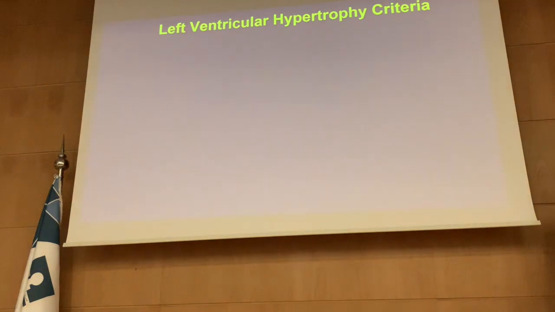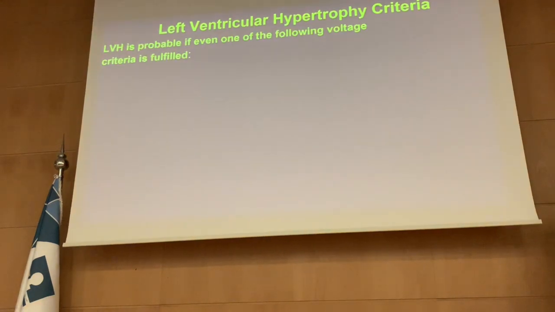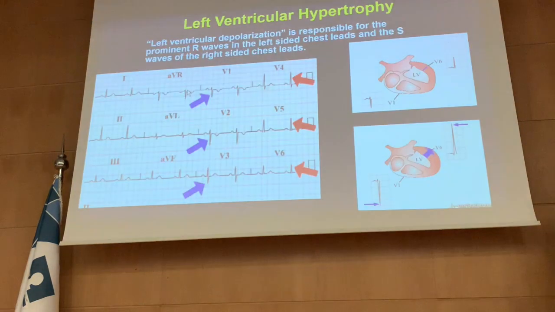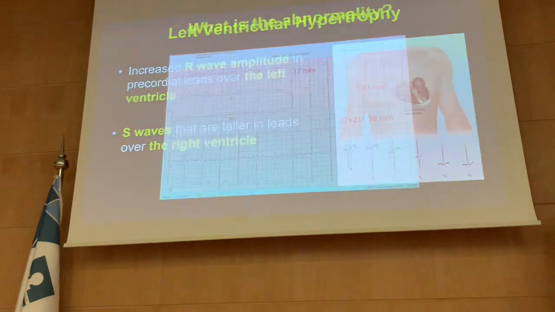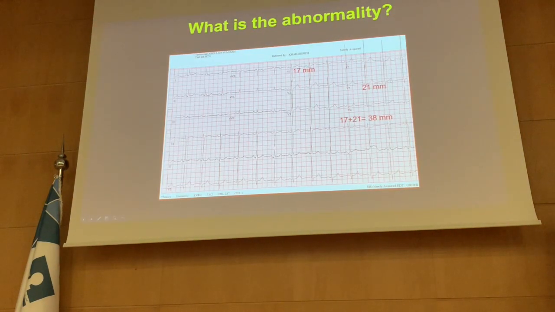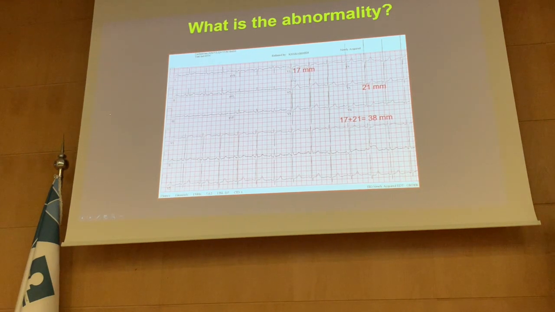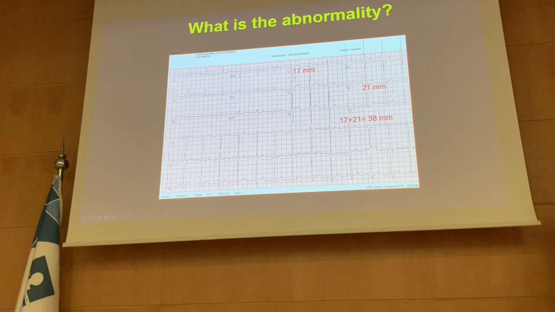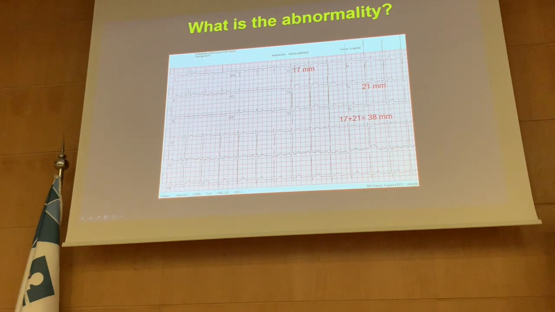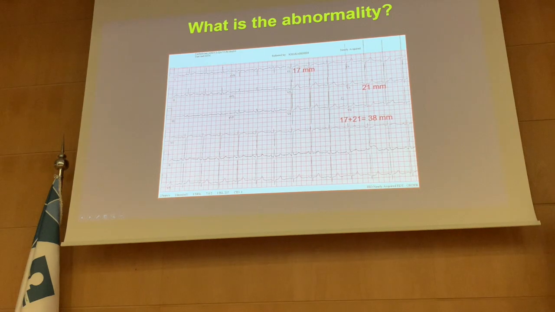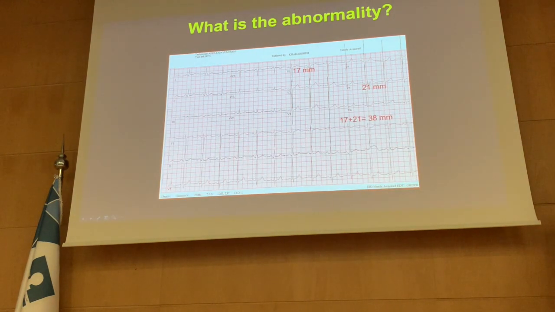We need to confirm this. We're going to use one of the criteria. The Sokolow criteria is the easiest criteria, and you can calculate the small squares here. One, for example, this is 5, this is 5 also, and this is 5, and this here, for example, 3 or something. And the R wave in V5 and V6.